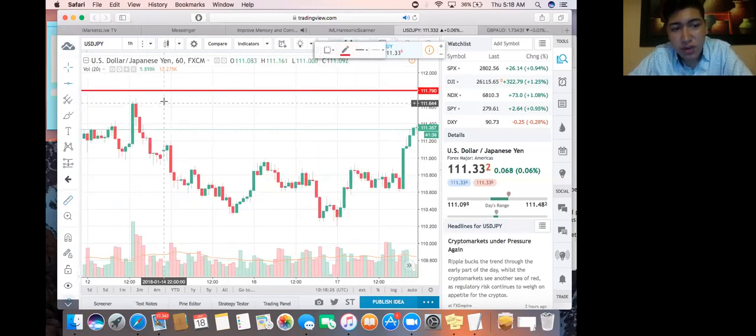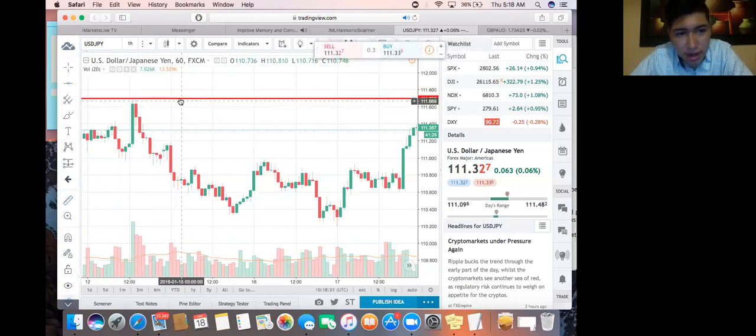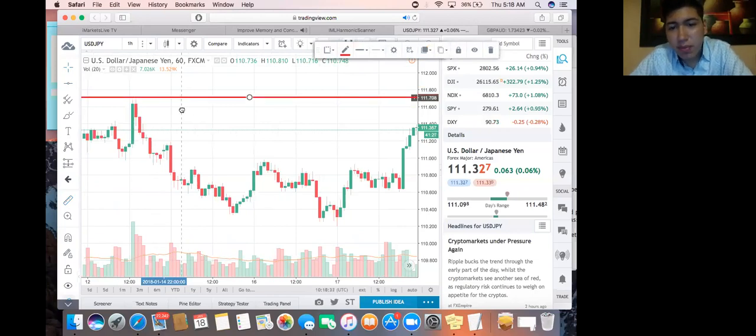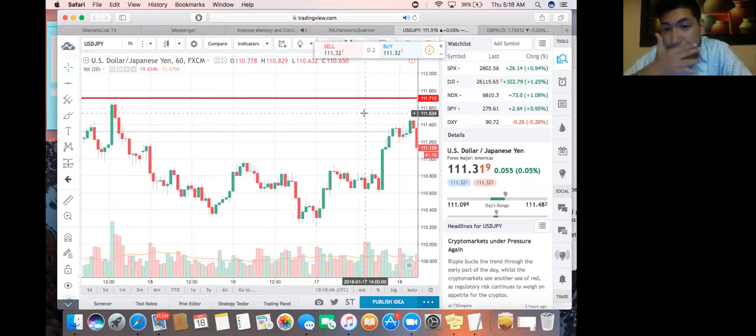I would search for the closest resistance, which is right here, and I would put it there, a little bit higher than the previous resistance level. So how many pips would I be risking? I came in right here. I would be risking 20 to 25 pips instead of risking 30, 35 pips.